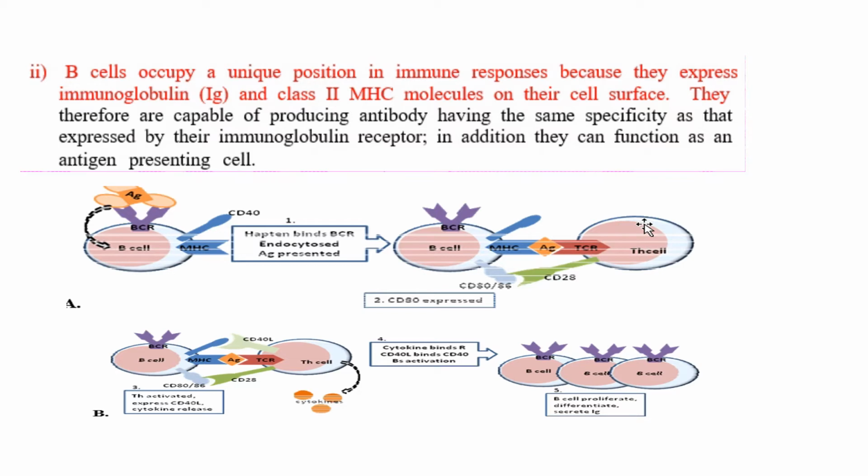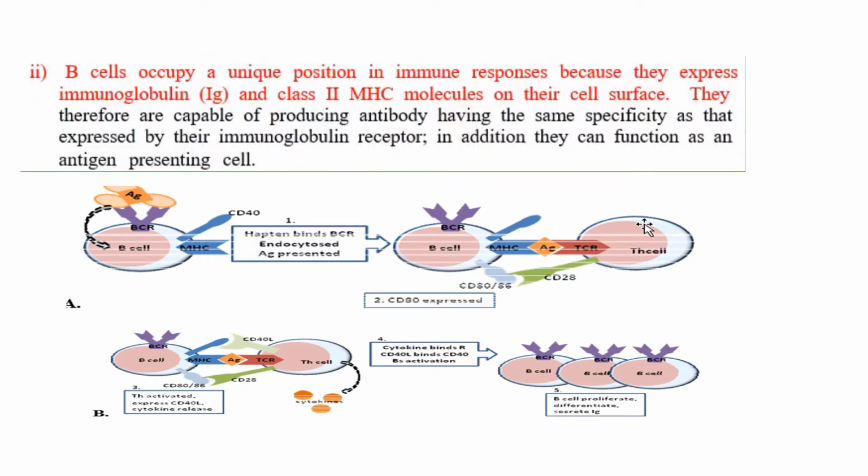Now, what's the role of B cells in regulation of the immune response and killing of certain types of extracellular antigens? B cells occupy a unique position in immune response because they express the immunoglobulin on their surface and the class II MHC molecule.